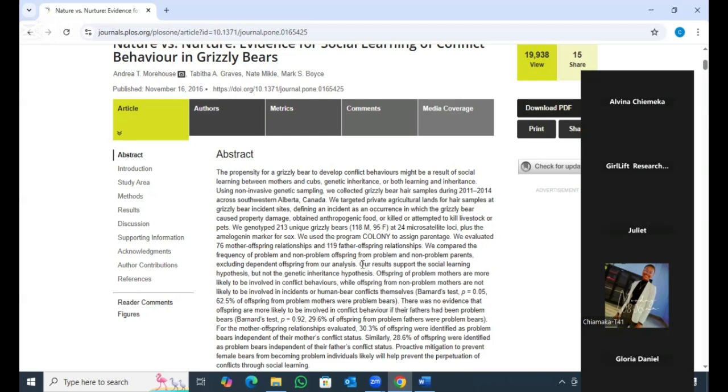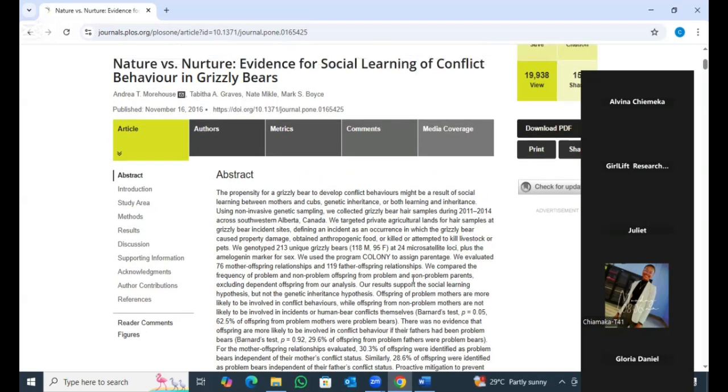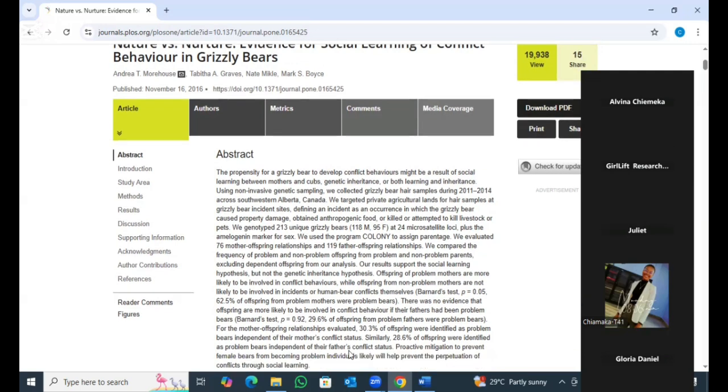So you see there are two hypotheses that were tested. Offspring of problem mothers are more likely to be involved in conflict behaviors, while offspring from non-problem mothers are not likely to be involved in incidents of human-bear conflict themselves. There was no evidence that offspring are more likely to be involved in conflict behavior if their fathers had been problem bears. So these are explanations of the things they found.